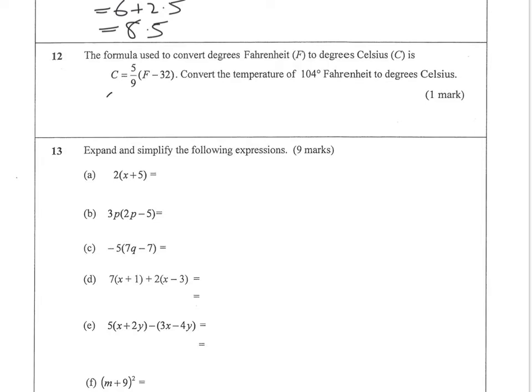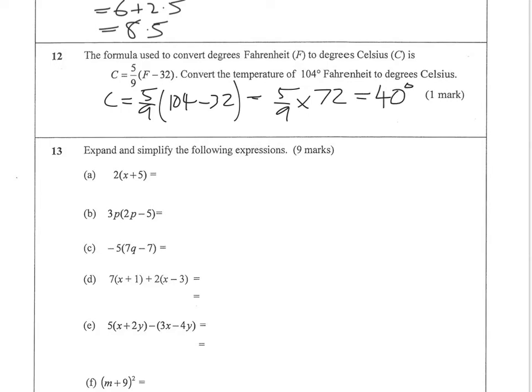Find Celsius, C. 5/9 bracket, Fahrenheit is 104, take away 32, so we get 5/9 times 72, which gets us 40 degrees Celsius. That you can just put in your calculator.